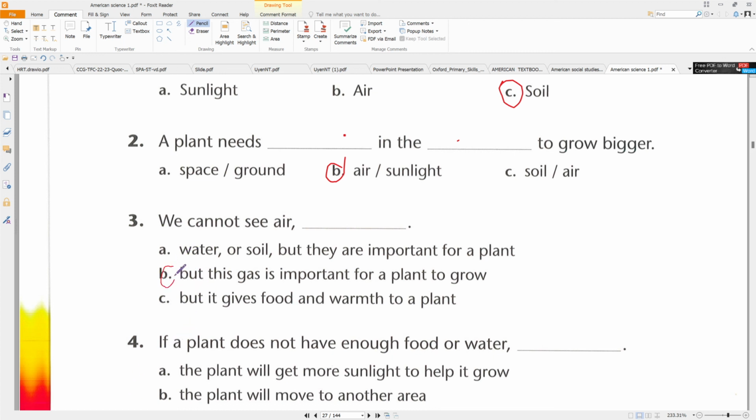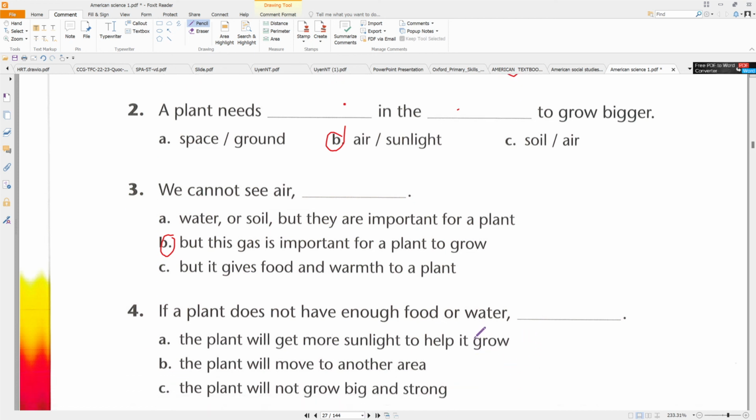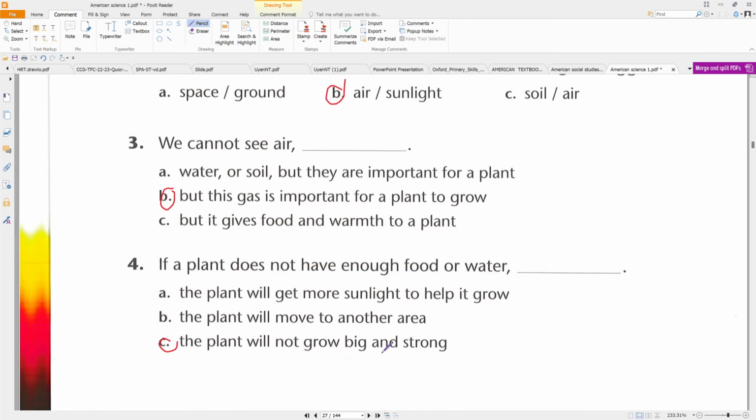If a plant does not have enough water or food, the plant will move to another area to get more sunlight to help it grow. The plant will not grow big and strong.